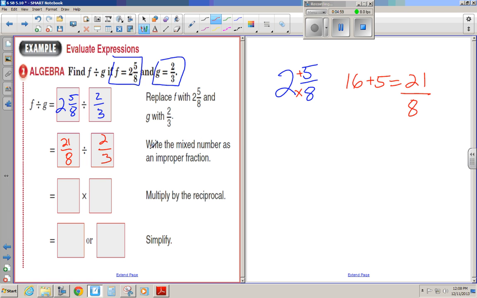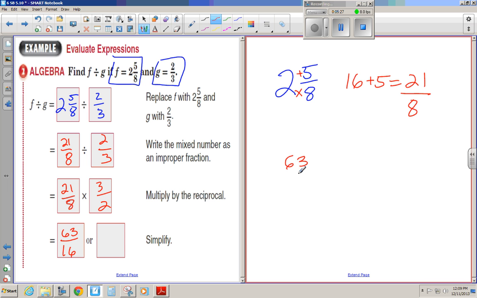Whenever you divide by a fraction, you multiply by the reciprocal, the flip. And now you have two fractions, we just multiply. 21 times 3 is 63, 8 times 2 is 16.